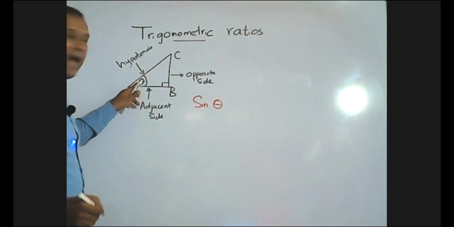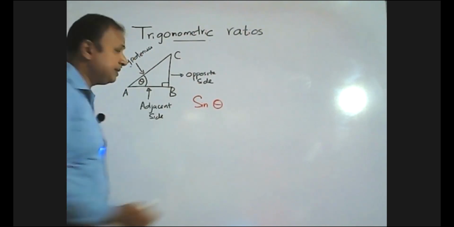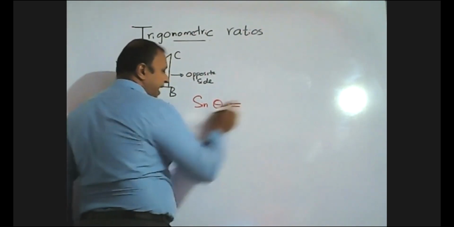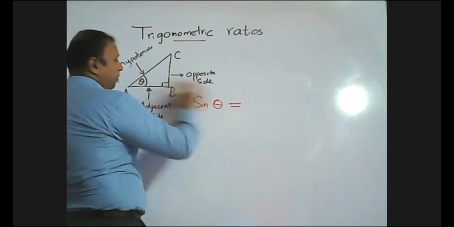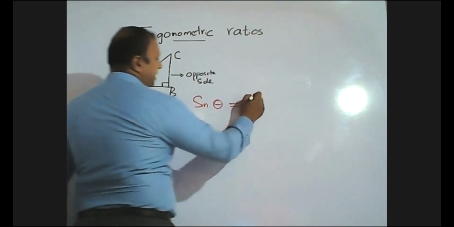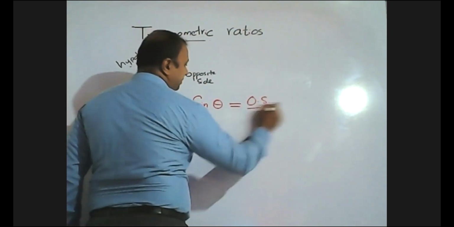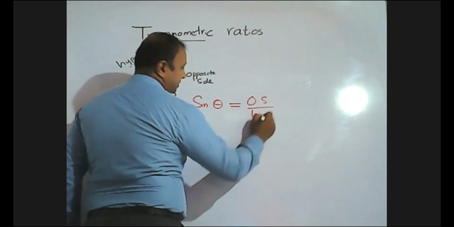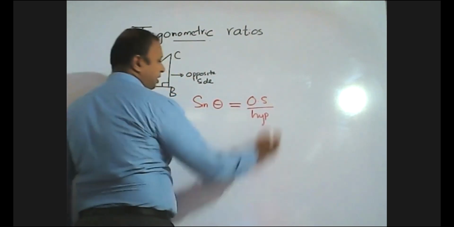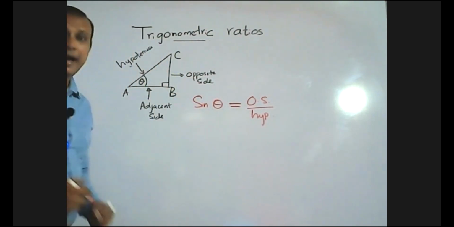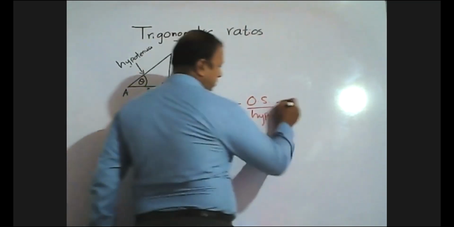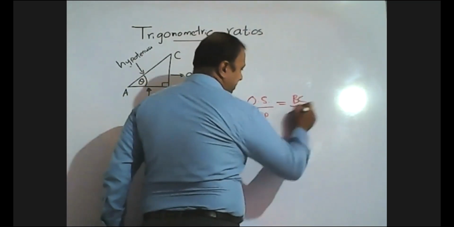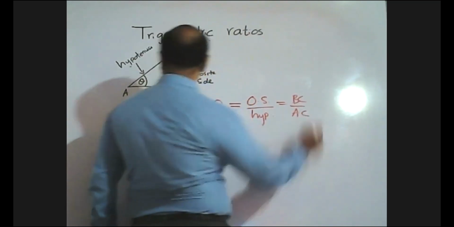Sine theta, the sine value of this angle, is equal to the ratio between the opposite side over the hypotenuse. Opposite side over hypotenuse, that means BC over AC.